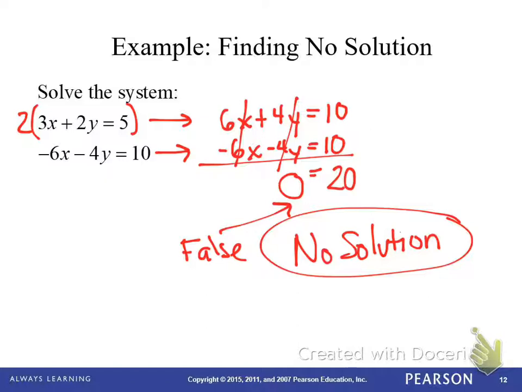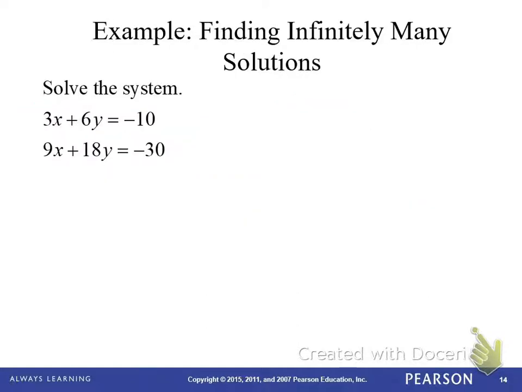So just so we can review what an infinite solution looks like, let's do one of these. These can also still come up with substitution. Both variables cancel out. You're left with a true statement or a false statement, and that lets you know which type is which. So in this case, let's multiply the top by 3, because that's going to let my 9's cancel out, but it needs to be negative because all my signs are the same.